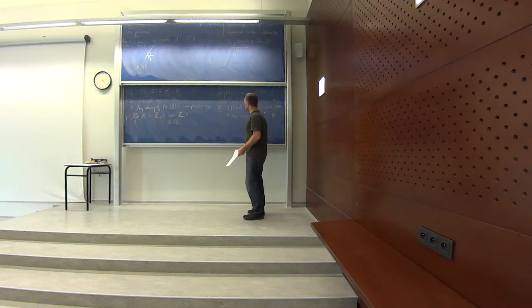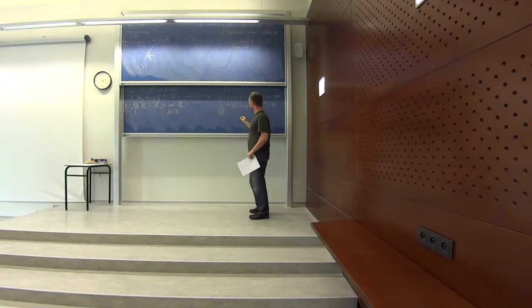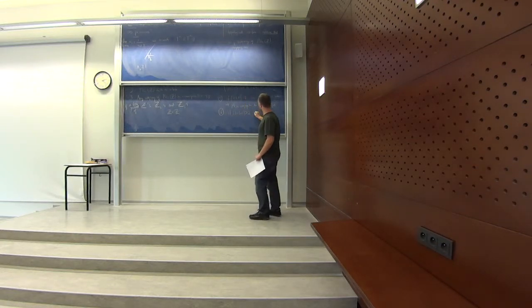And finally, sixth important thing to know: if the absolute trace is greater than 2, then we call M hyperbolic.